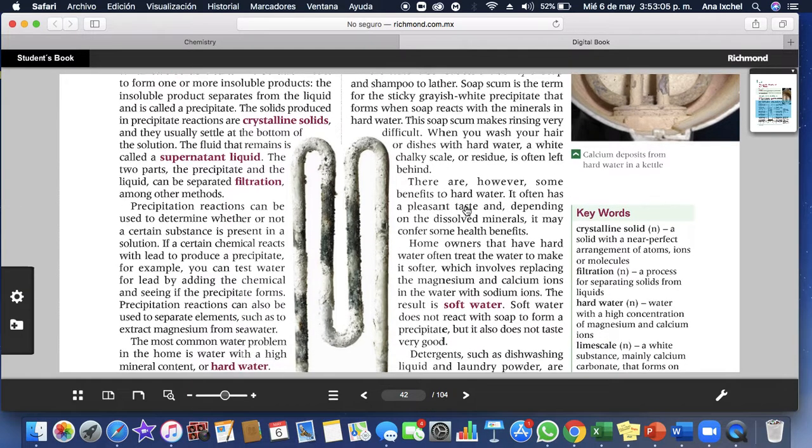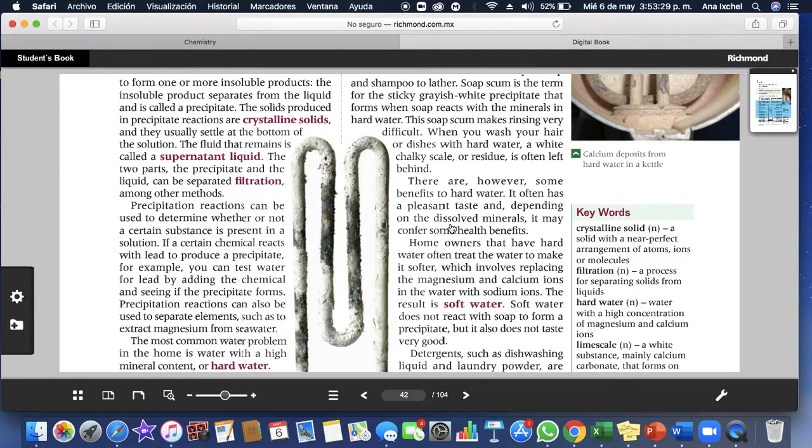This soap scum makes rinsing very difficult. When you wash your hair or dishes with hard water, a chalky scale or residue is often left behind.